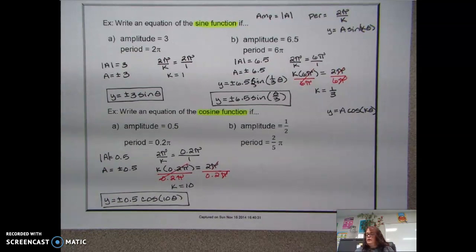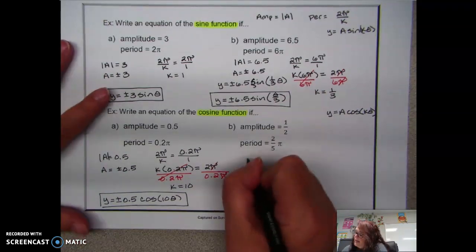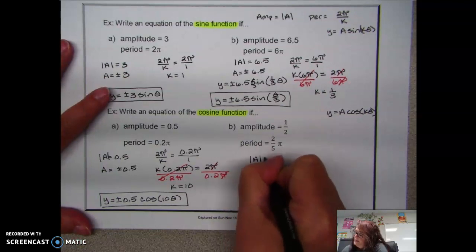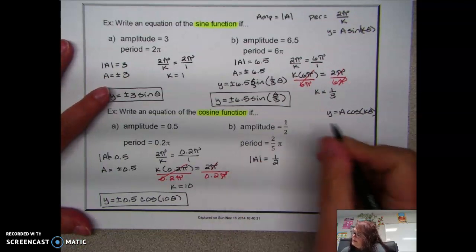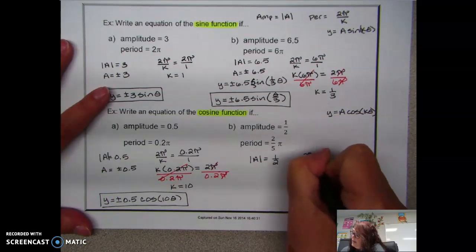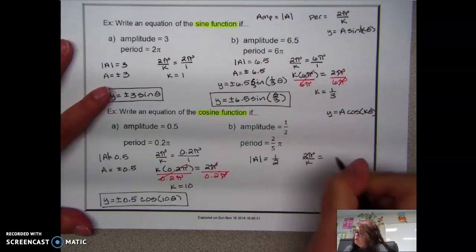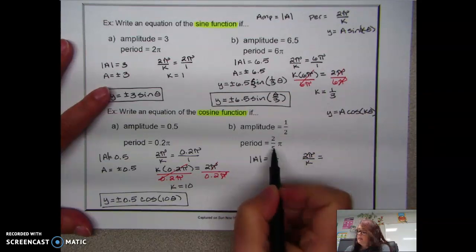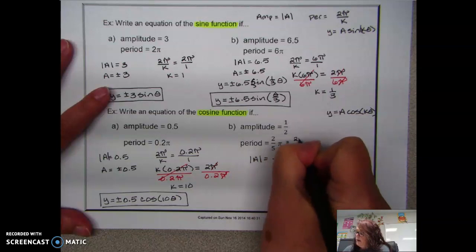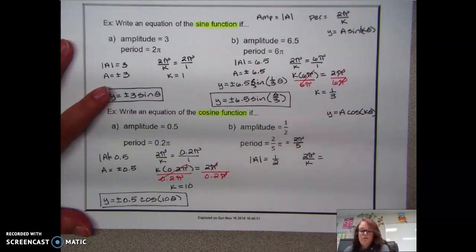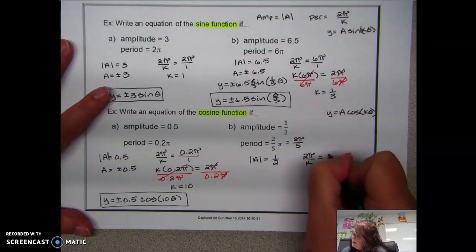So take a moment to pause the video and see if you could do the last problem. Again, the absolute value of A is equal to 1/2, and 2 pi over k is equal to 2/5 pi. I can call this 2 pi over 5; those two things say the same thing.